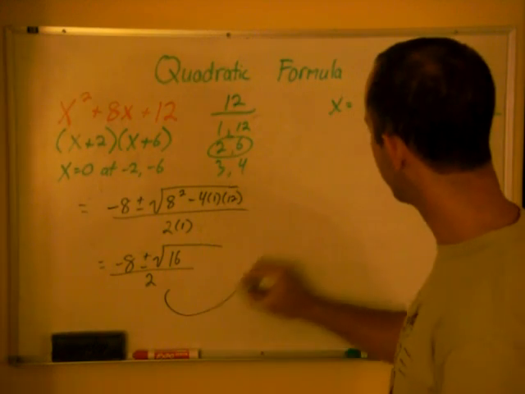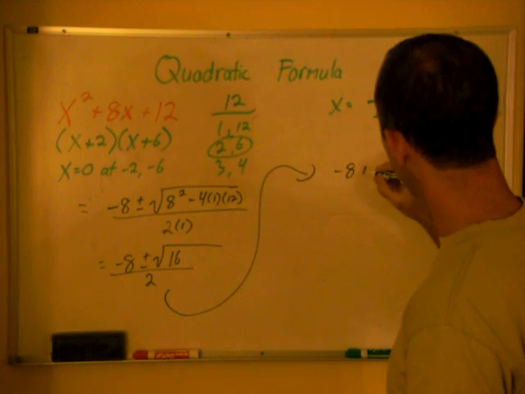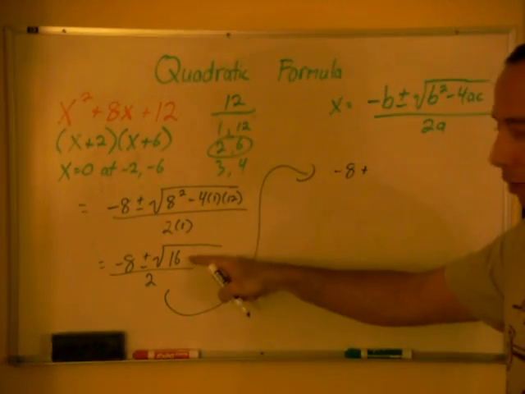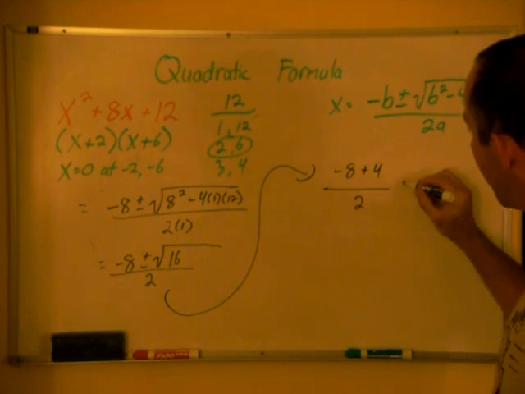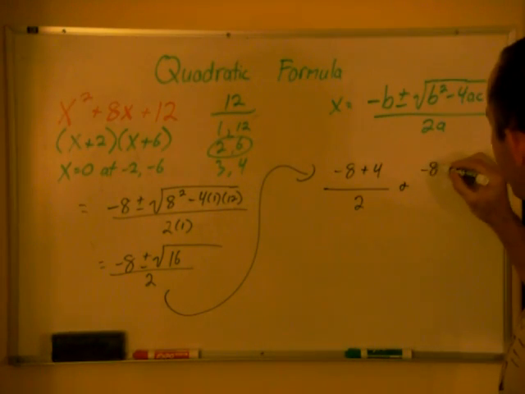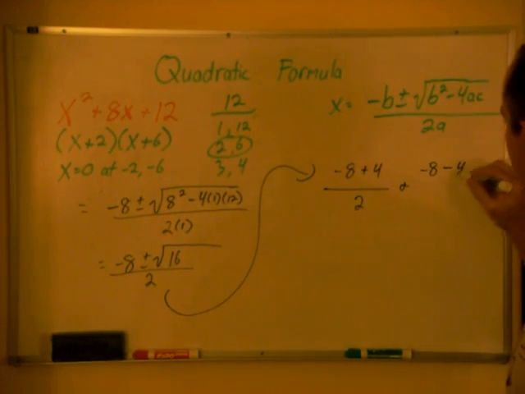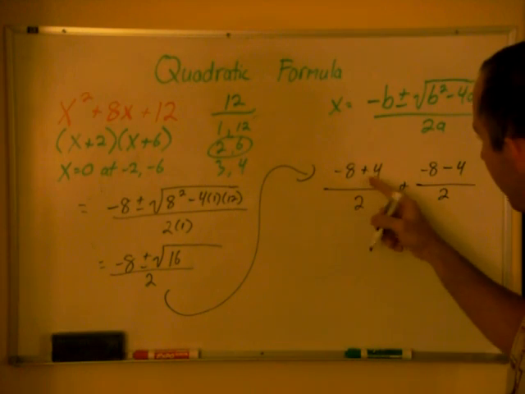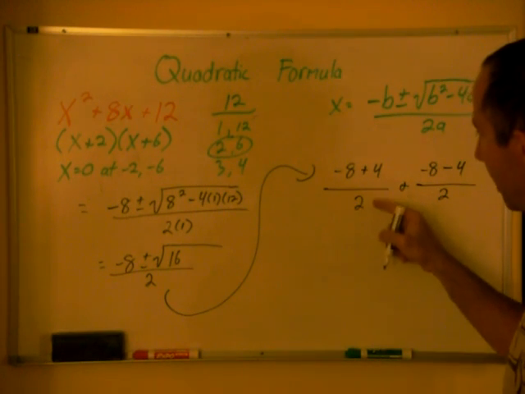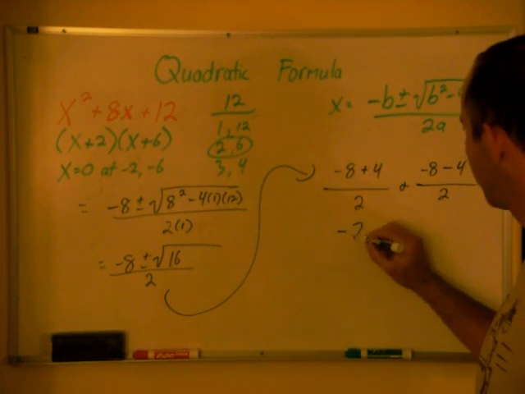All right, let's move this over here. So we got negative 8 plus the square root of 16, which is 4, over 2, and we also have negative 8 minus the square root of 16, which is 4, over 2. We do this arithmetic and we find out that that is negative 4 over 2. Negative 4 over 2 equals negative 2.